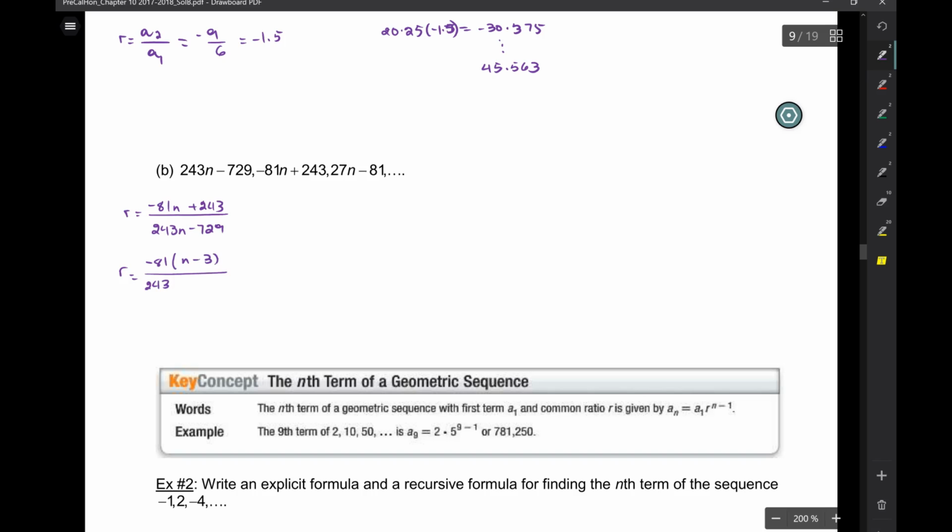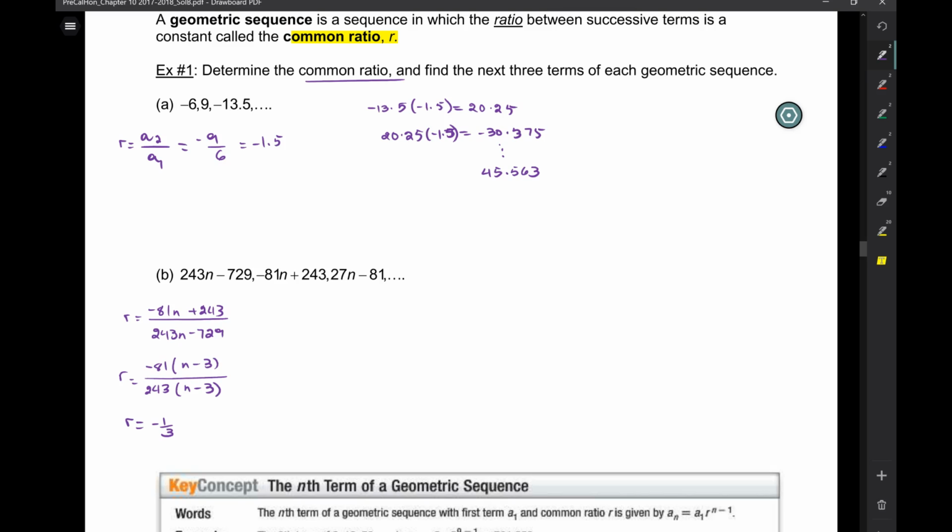And when I factor out a 243, I get n minus 3. So my R is negative 1 over 3. So the next term is going to be negative 1 over 3 times 27n minus 81. That's negative 9n plus 27.